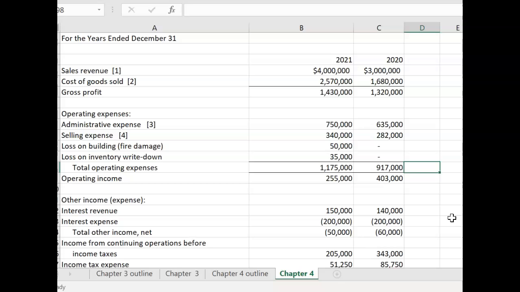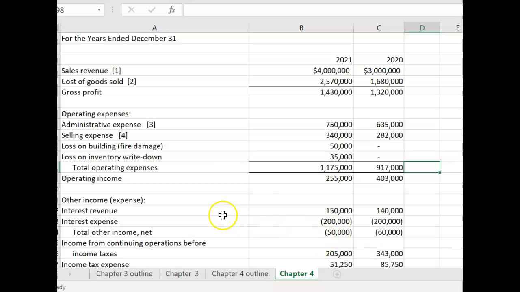Other income that is not separated as a component unit is your interest revenue of $150,000 in 2021 and $140,000 in 2020. Your interest expenses given to us at $200,000 in 2021 and $200,000 in 2020.